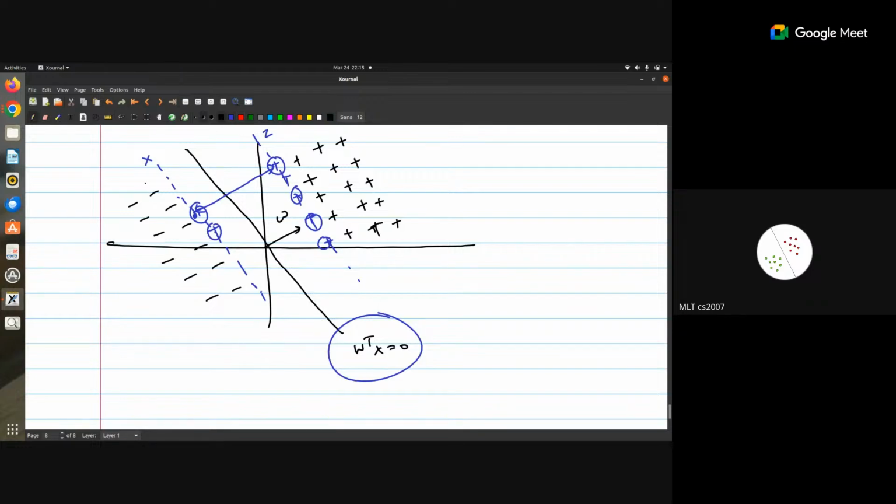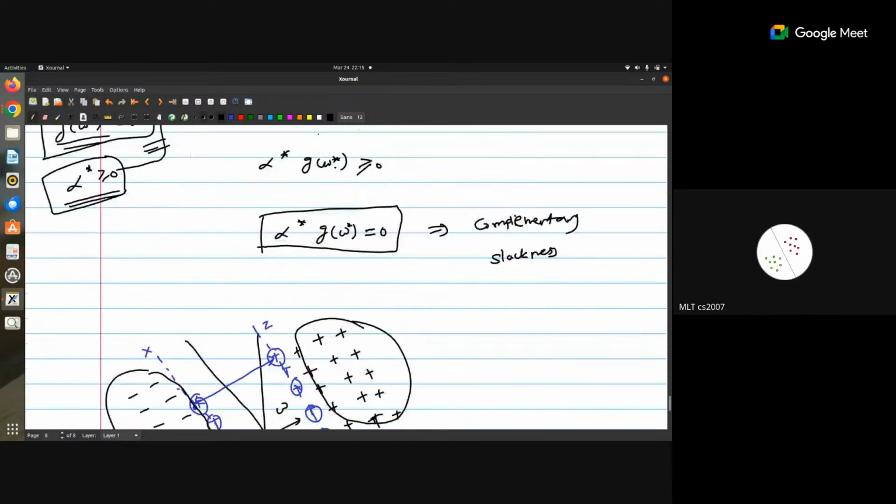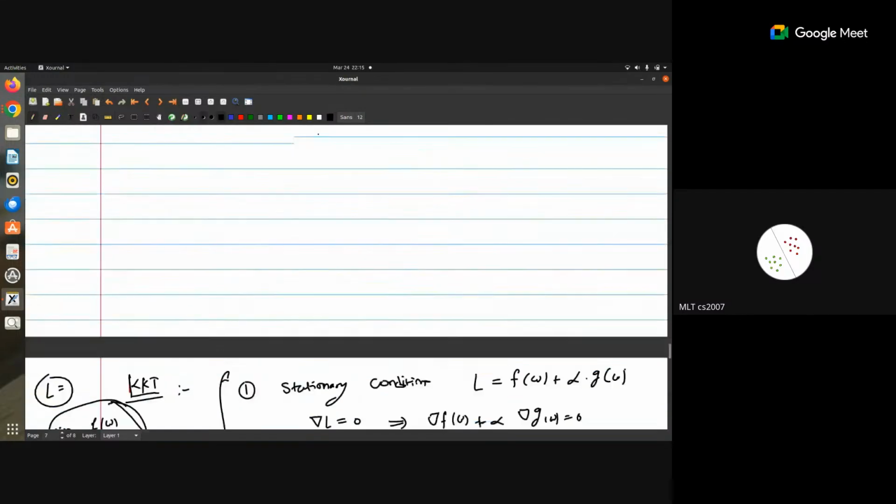What do you achieve from that? We decrease dimensionality, yes. This W star was dependent on what?